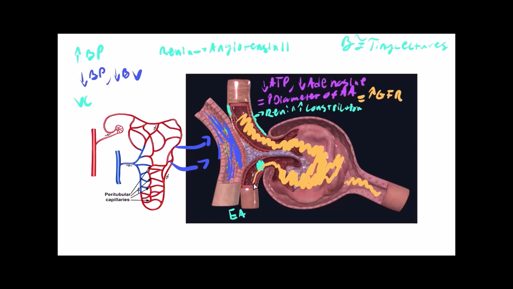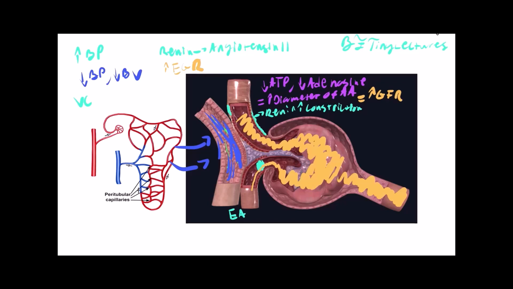Only a little bit leaves. And so we have this buildup of blood inside this glomerulus. And the buildup increases, and now we have more filtrate being formed. So the constriction of the efferent arteriole makes sure that the blood stays in the glomerulus, and that increases the GFR. So we can say that renin increases the GFR.